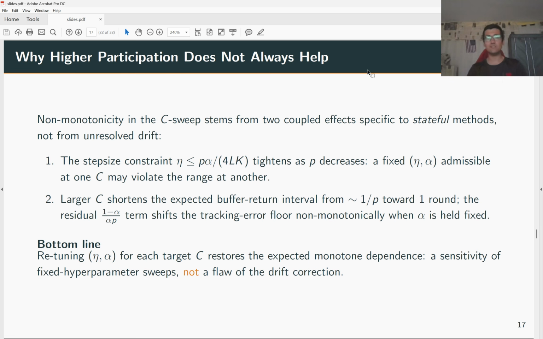Second, the participation rate changes how often each buffer is refreshed. The expected return interval moves from roughly 1 over p rounds toward every round, and the residual term, 1 minus alpha over alpha p, couples the two, so holding alpha fixed while varying p moves the tracking error non-monotonically.